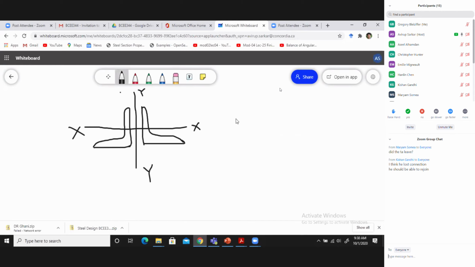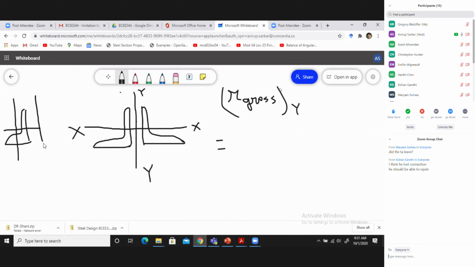But if the same thing, if you do R gross about y axis, okay, about y axis, then the I will not be the same, because in that case for a single section I is given about its centroidal axis. Okay, so it will be something like here. So when we calculate the I about this axis now, there is an area shift.